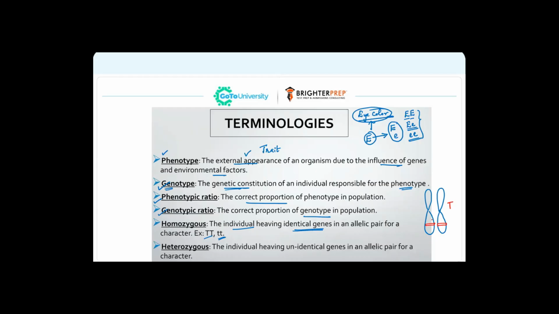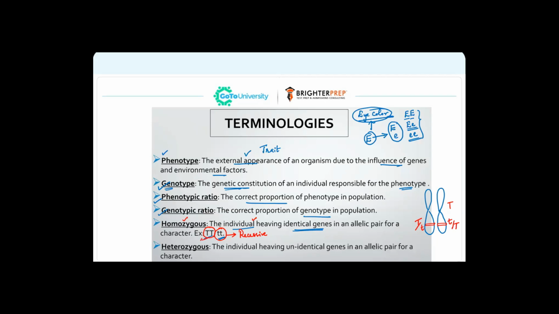Homozygous means in this chromatid it would be capital T, and in the other one it could be small t or capital T. If it is capital T in both the chromatids, then the individual is having a homozygous genotype, that is capital T, capital T. If it is small t, then it will be a homozygous recessive genotype, because the dominant allele is capital T and the recessive allele is small t.